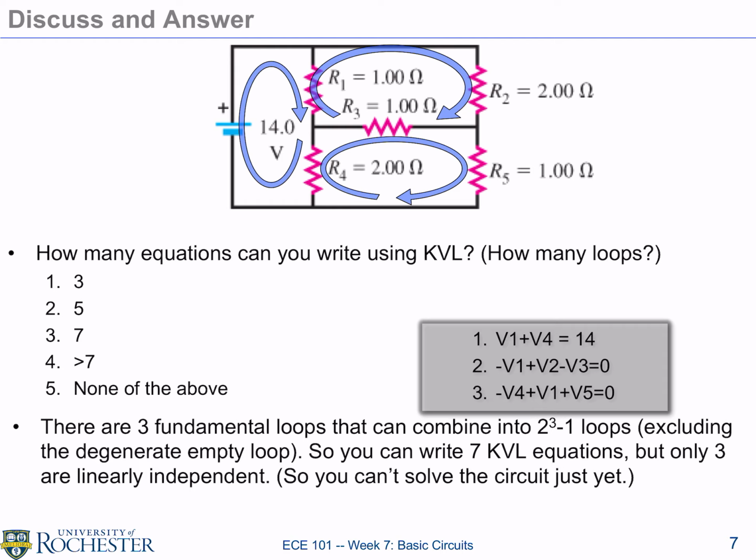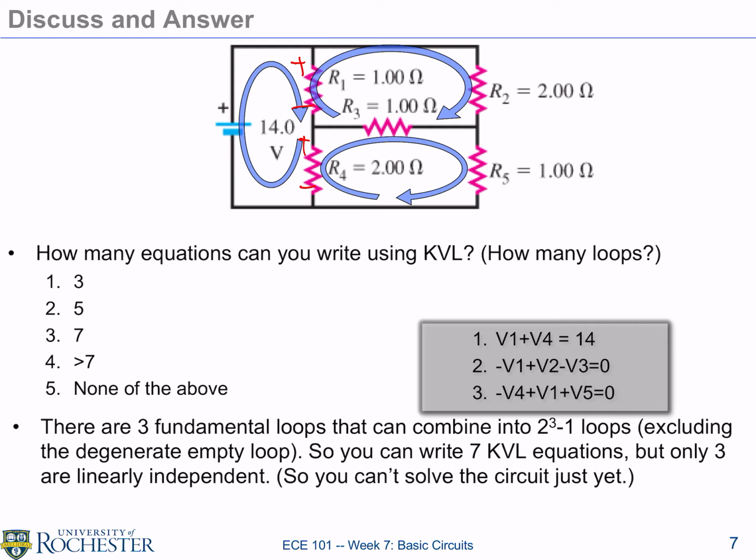So now you have a whole bunch of unknowns. You don't know what V1 is. By that I mean the voltage across resistor 1. And you can look at the way these signs are set up, and I'm assuming V1 is how much higher it is from top to bottom, and so on and so forth. So I can write these 3 equations. But how many unknowns do I have?